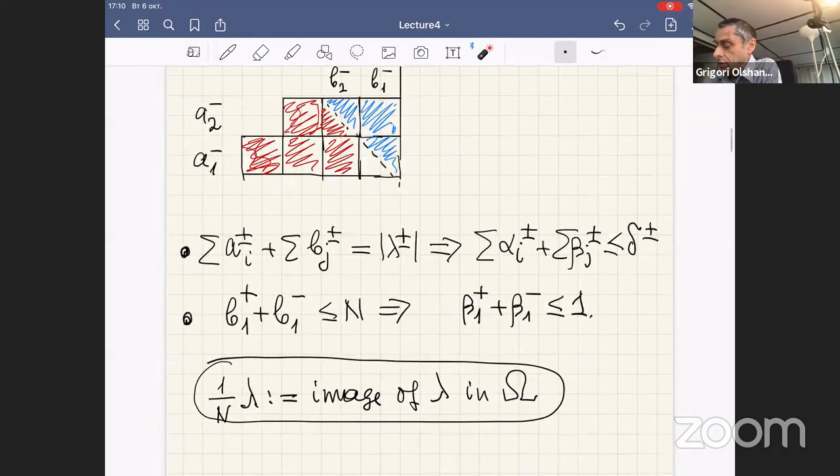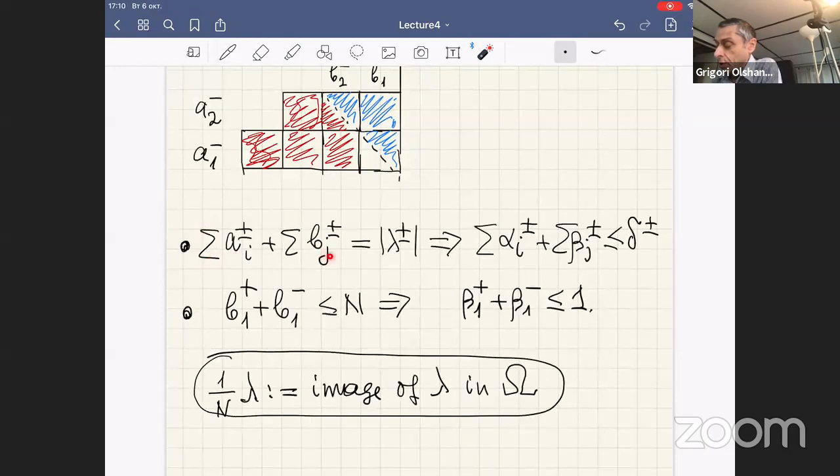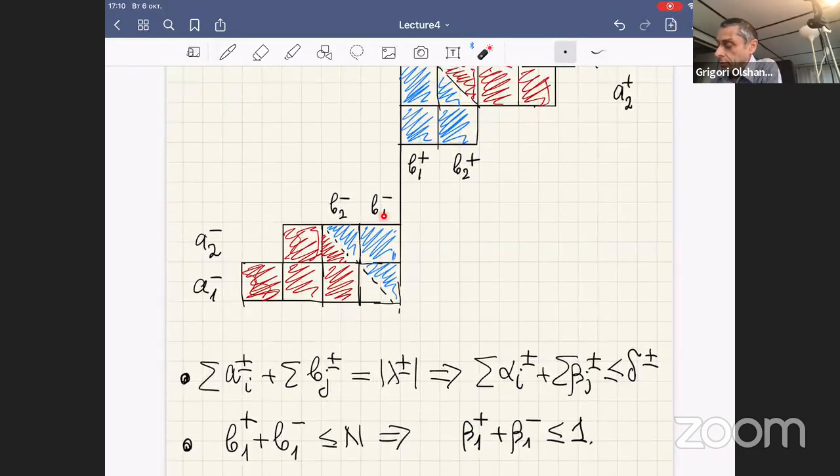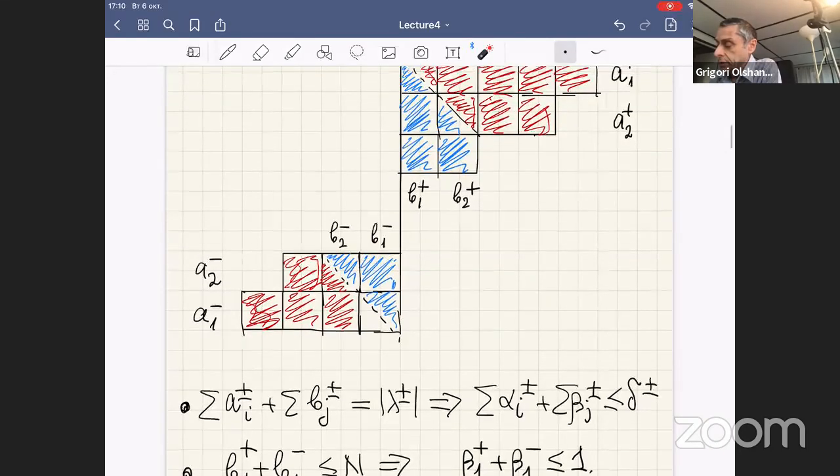So we have this obvious relation, and it leads to this one. Actually, we have here equalities, by right inequalities. And this relation comes from this relation, this relation comes from this one. So because the sum of the B1 minus and B1 plus can't exceed n.